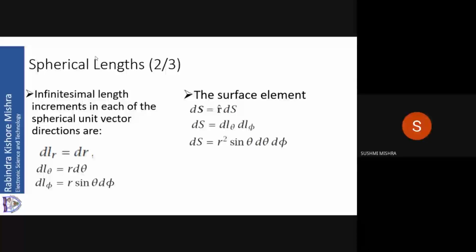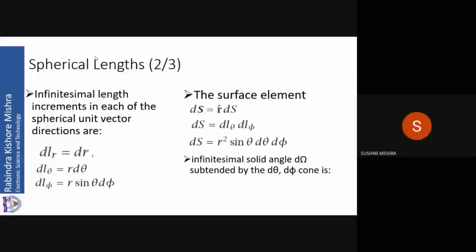So therefore ds will be r square sin theta d theta d phi. Right, and this is the magnitude of the elementary area on the surface of the sphere. So an elementary area subtends an elementary angle at the center of the sphere.